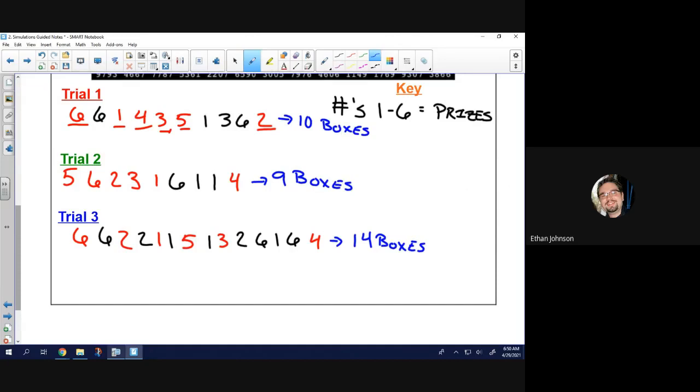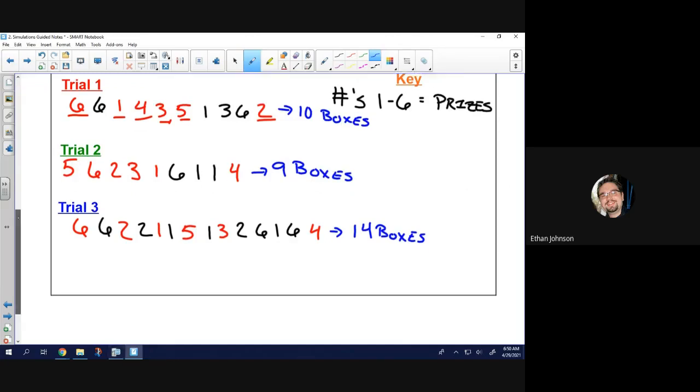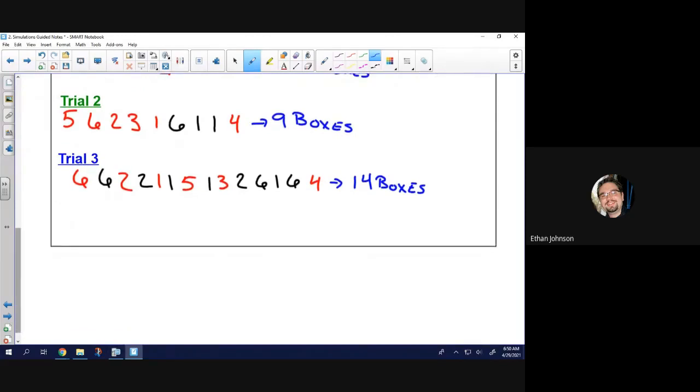So then we need to figure out, because she said on average, how many boxes did it take? Well, we ran 3 trials, so I'll add up all 3 numbers. So 10 plus 9 plus 14, and divide it by the total number of trials, which would be 3 in this case.